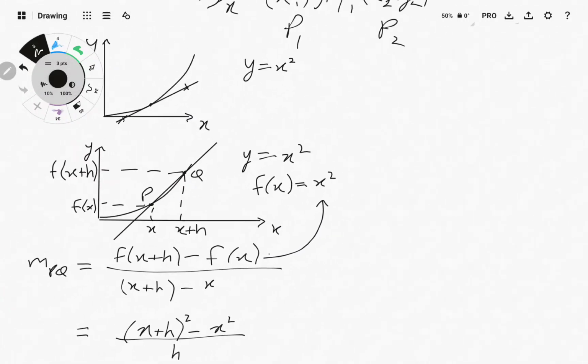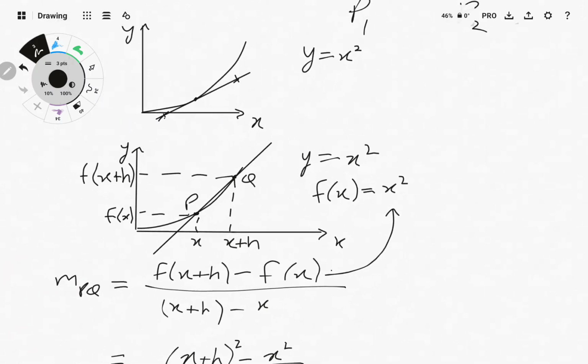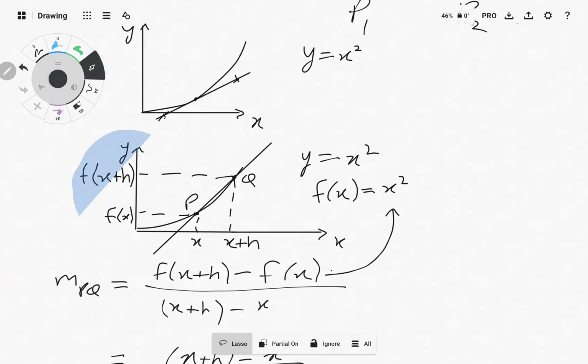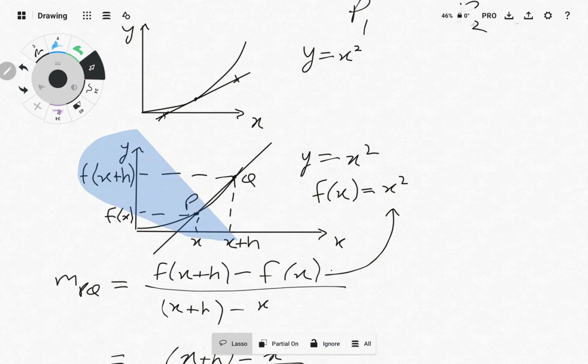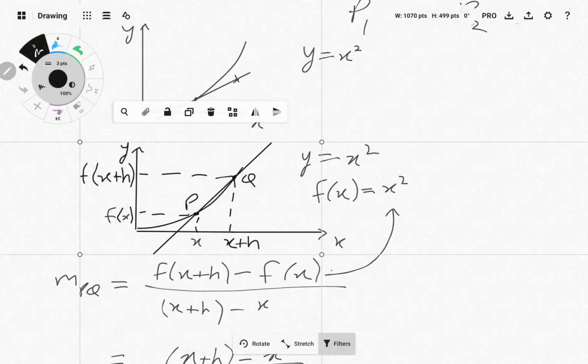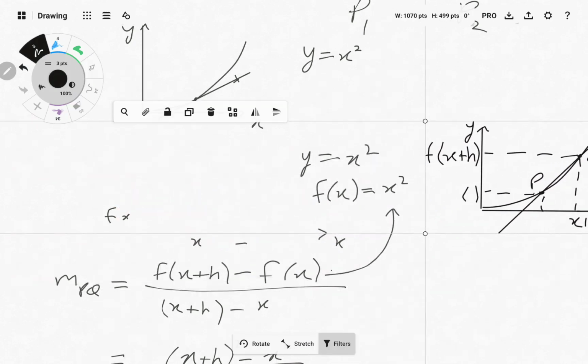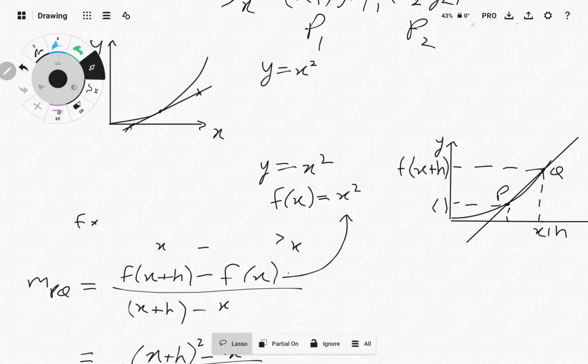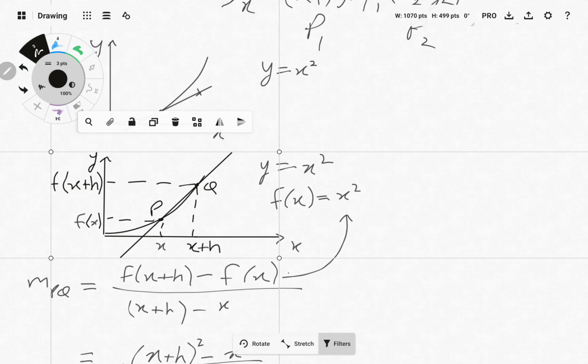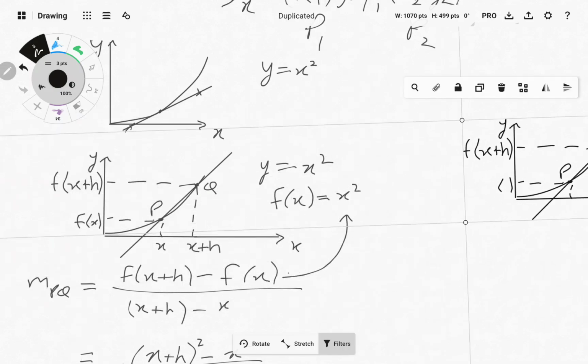Let's come over here, and what I'll do is I'll copy this section and move it over here. Actually, I shouldn't have done that. I have to copy this. Let's copy this and move this over here.